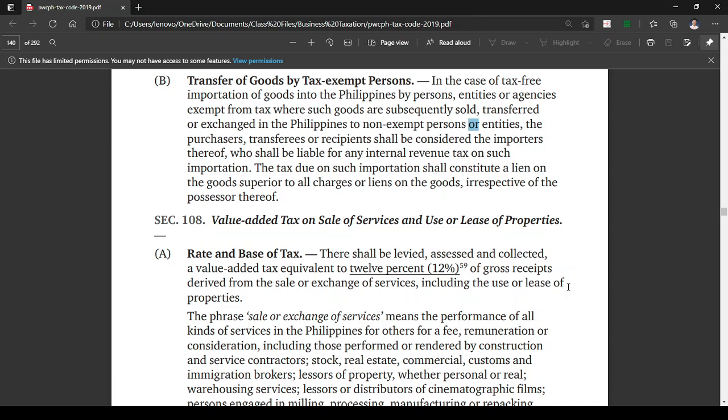So the rate and base of tax. There shall be levied, assessed, and collected a value-added tax equivalent to 12%. So, 12% ulit yung basis natin or yung rate natin dito sa value-added tax on the sale of services or use or lease of properties. Of gross receipts. Okay, gross receipts.